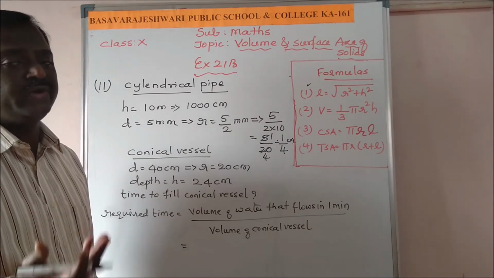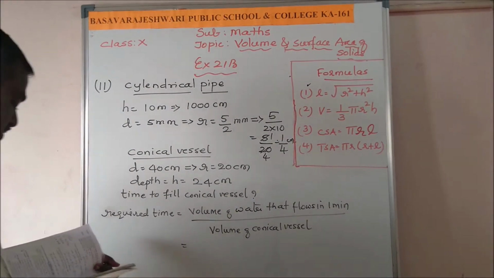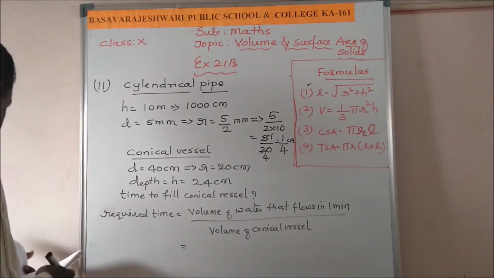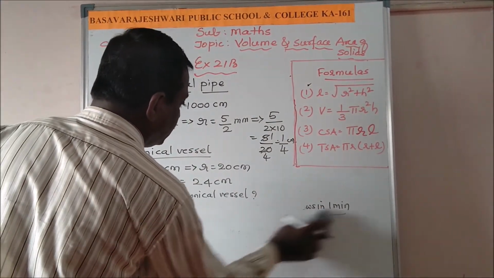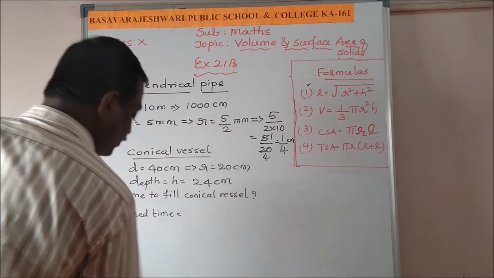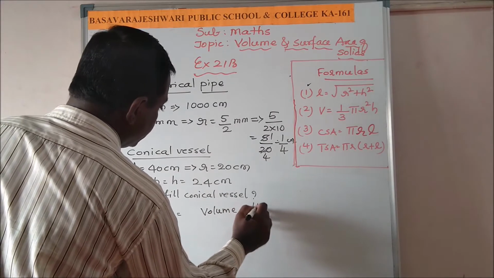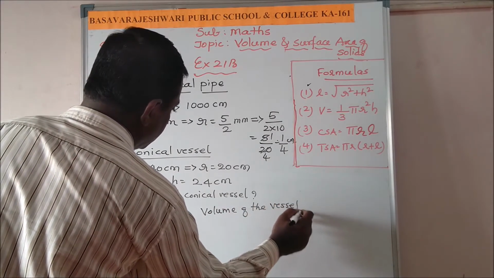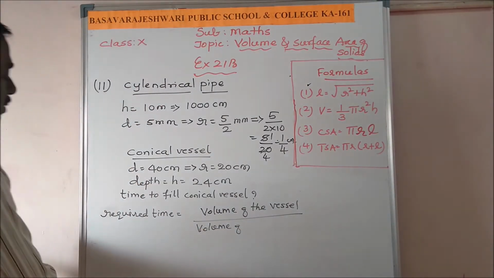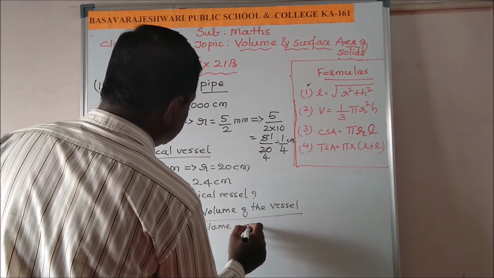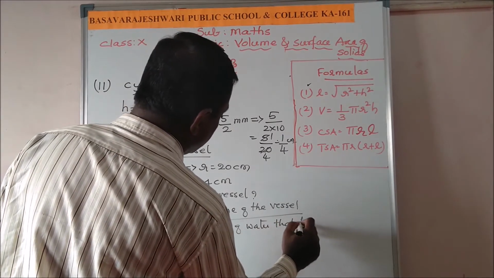So what is the formula to find the volume of the cylinder? Pi r square h, isn't it? So time is the volume of the conical vessel divided by the volume of water that flows in 1 minute.